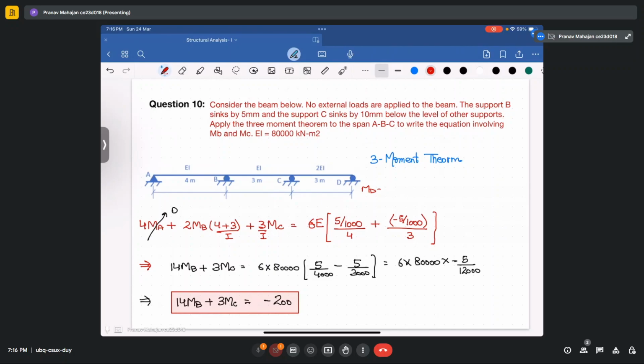Okay. So then if you solve those two equations, you will get the values of MB and MC. And since there is no external load, you substitute all the values in the diagram, and then you will get to know the bending moment diagram also.